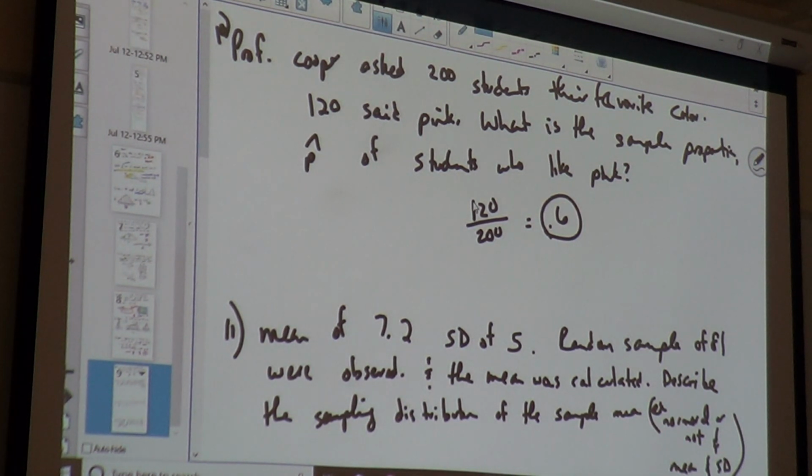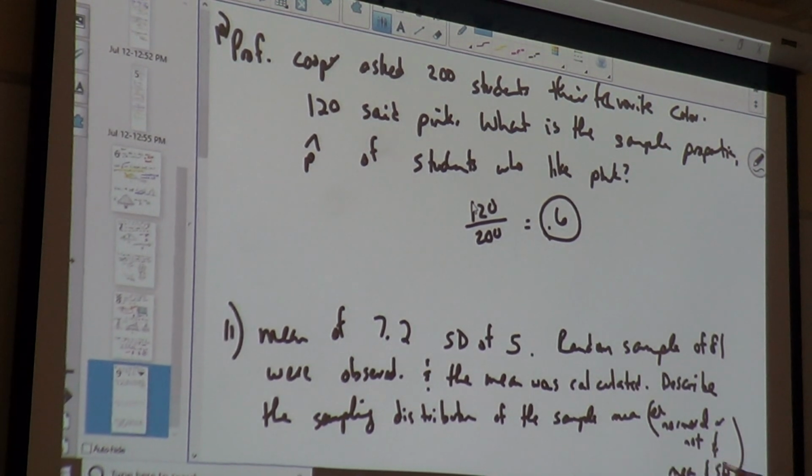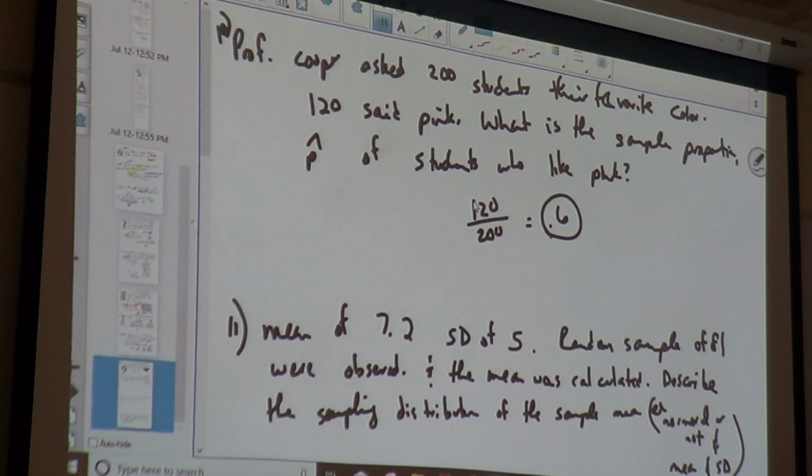The mean is 7.2. Standard deviation is 5. A random sample of 81 were observed and the mean was calculated. Describe the sampling distribution of the sample means. For example, is it normal or not? And what is the mean and standard deviation?